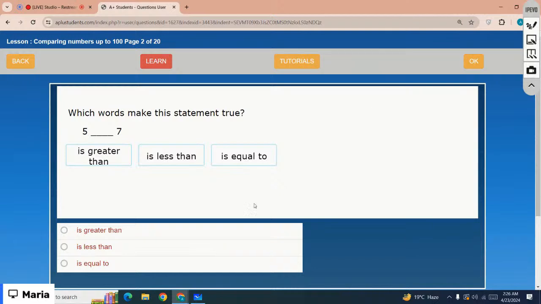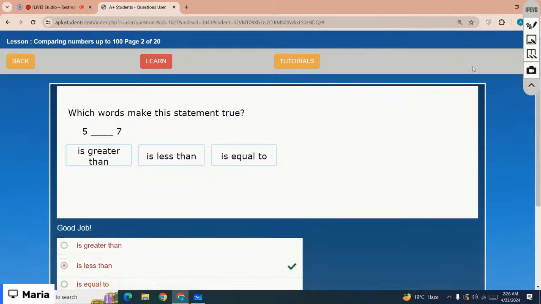Very good. 5 is less than 7. The correct option is less than.